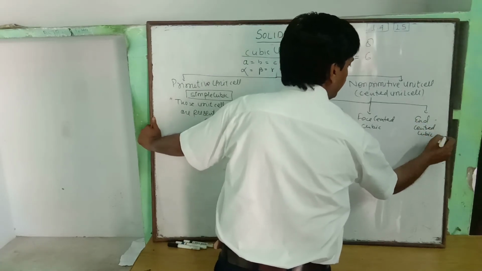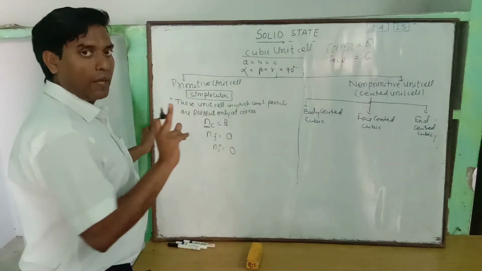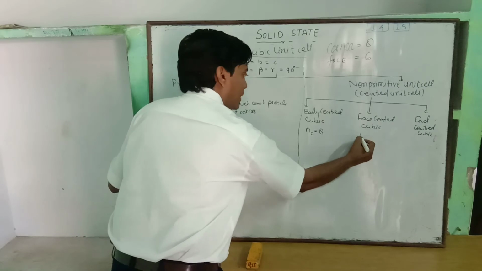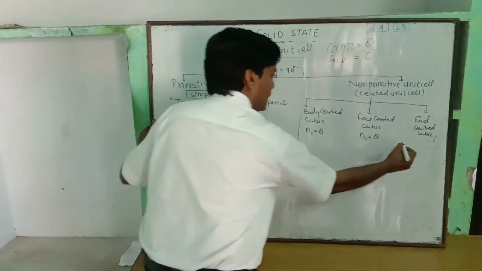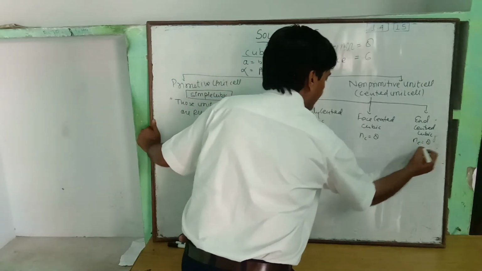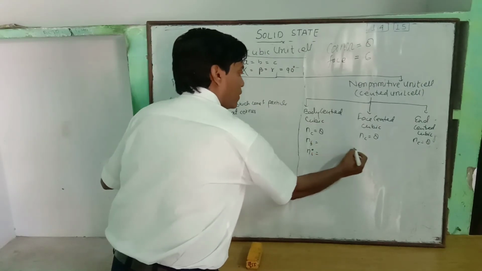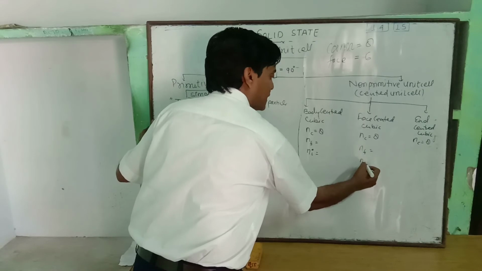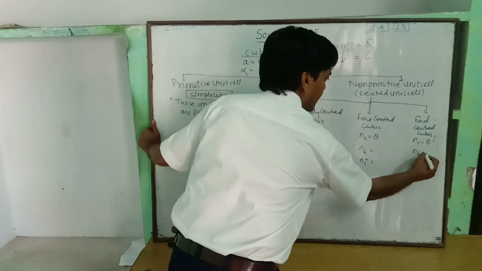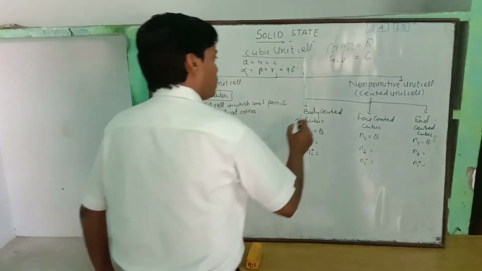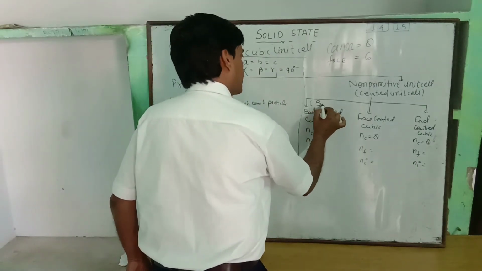Now look here, what will be in the non-primitive unit cell? One atom at corner, 8 atoms here, 8 atoms here, and 8 atoms here. Then number of atoms at face, number of atoms inside the body, face, inside the body, face, and inside the body.